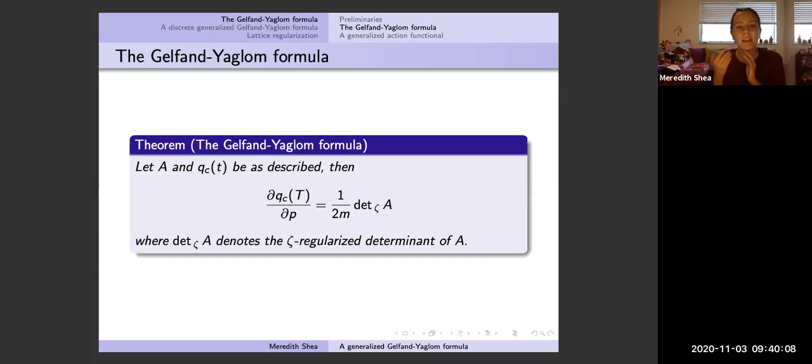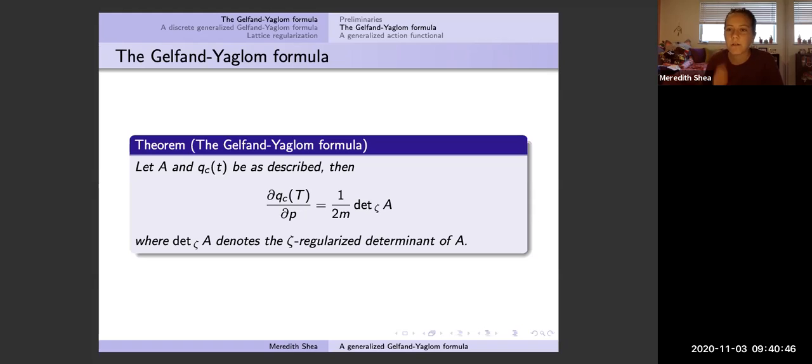We have A and q_C as described, then the derivative of q_C with respect to p at capital T is equal to 1 over 2m times the zeta-regularized determinant of the operator A. And so this is actually proven for more general differential operators that look like minus the Laplacian plus any well-behaved function. Specifically for us, that function is the second derivative of the potential we have. So this is proven.